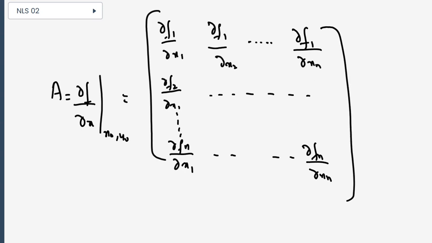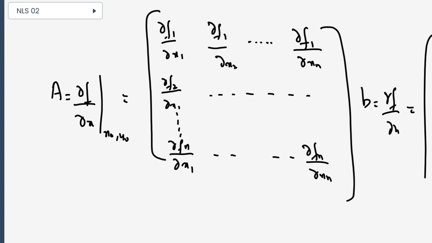This will be our A matrix, and our B matrix, delta f by delta u, will be equal to delta f1 by delta u, delta f2 by delta u, and so on up to delta fn by delta u at x naught, u naught.